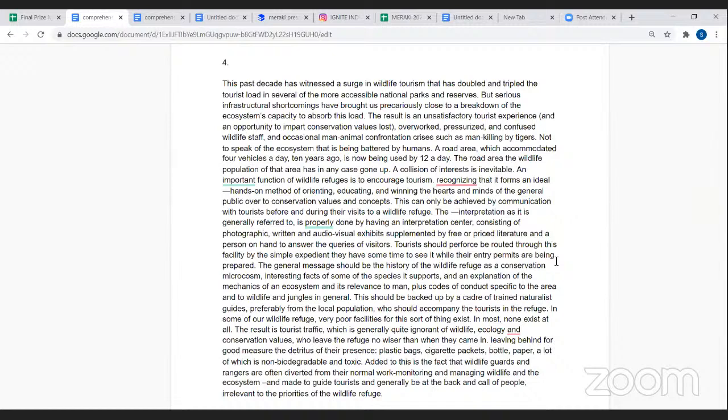Perforce is necessarily or essentially. Then cadre is basically a group of trained people or professionals. I think those are pretty much the words you might be having difficulty with, right?